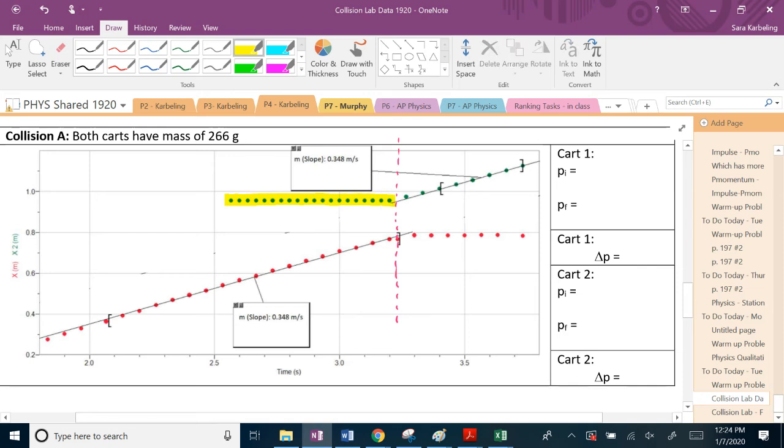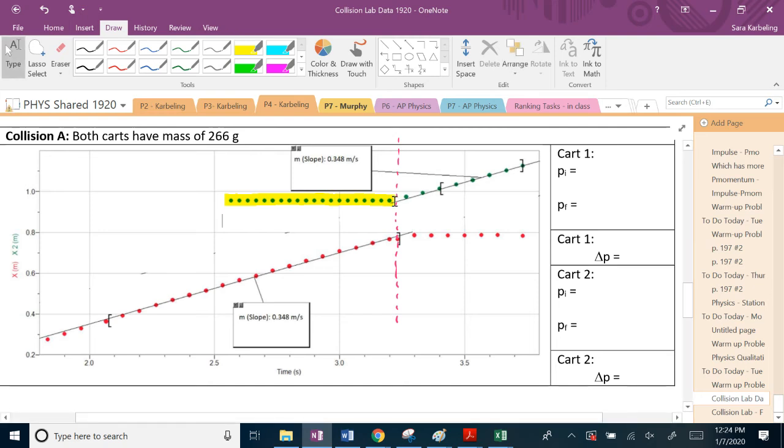And then what happens after the collision? What happens to car 1 after the collision? What's it doing? It's sped up. Now it's going at a constant speed that is greater than 0, right? Can you tell me how fast it's going? Look at the graph carefully. All the information's there.